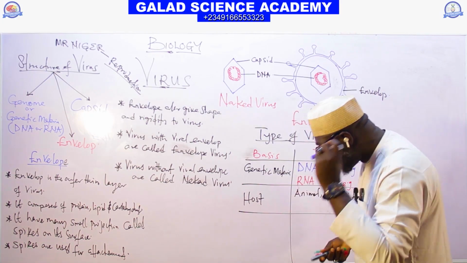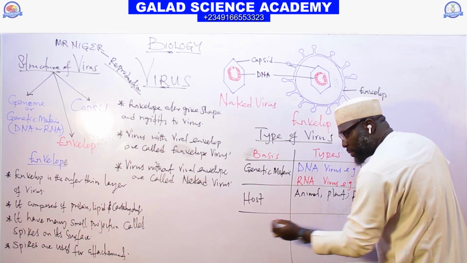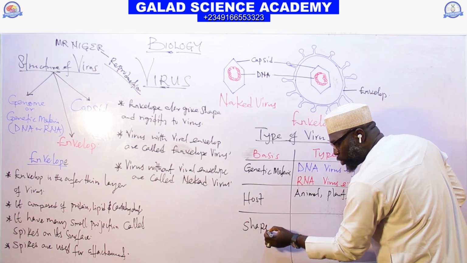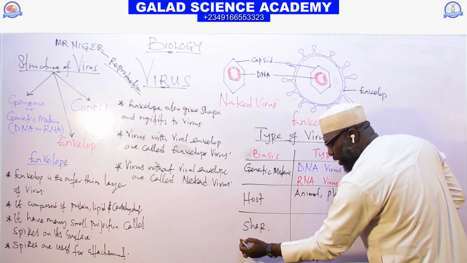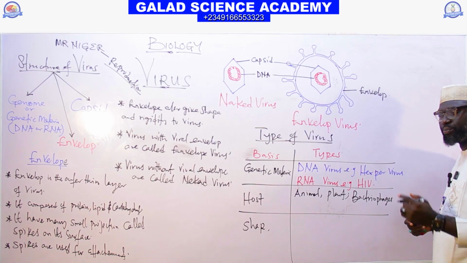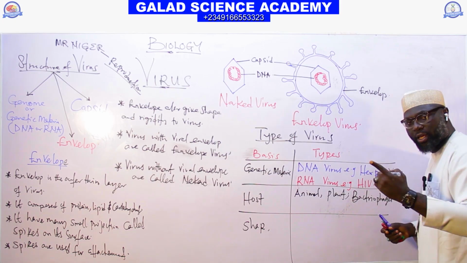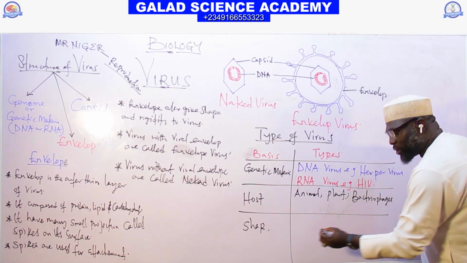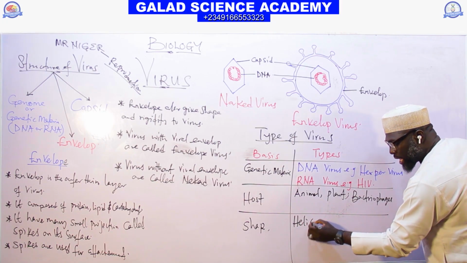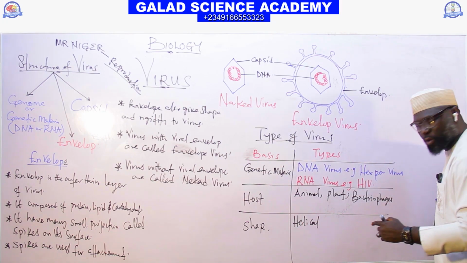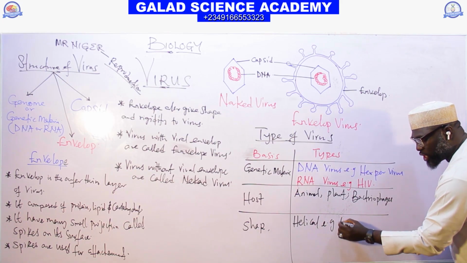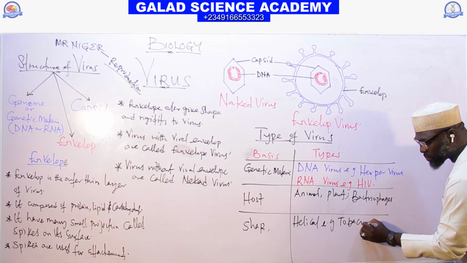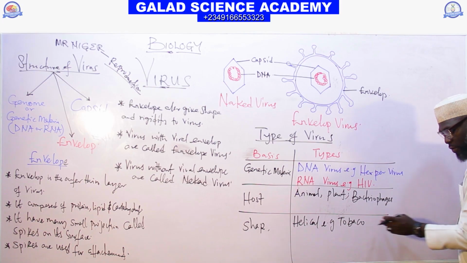In terms of shape, which I've explained before too, viruses can be grouped into three parts. We have the helical shape of virus, e.g., tobacco virus.